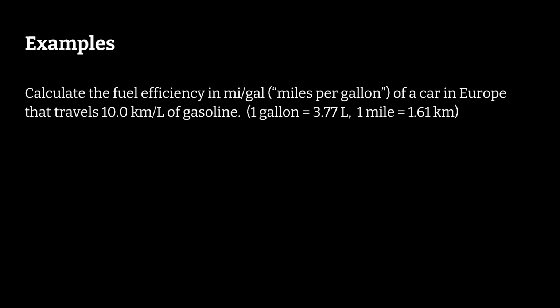Now, taking a look, we have our 10.0 kilometers. Whenever we set this up, because of this per right here, our per is saying kilometers per liter, so the liter is going to go underneath.